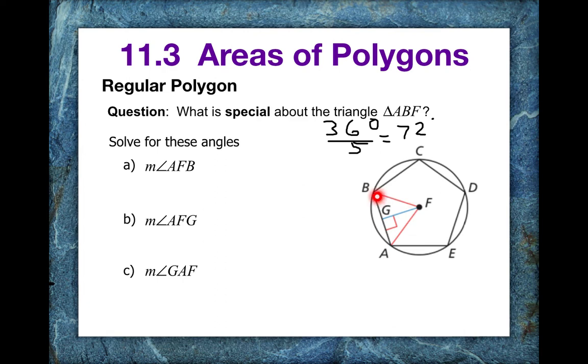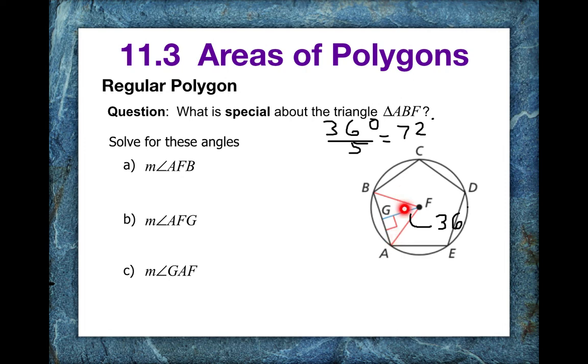Since this is an isosceles triangle, and I draw this apothem, the apothem is going to split this central angle into two. Therefore, each one of these little angles here is going to be 36 degrees. And then the base angles of the isosceles triangle are going to be equal.